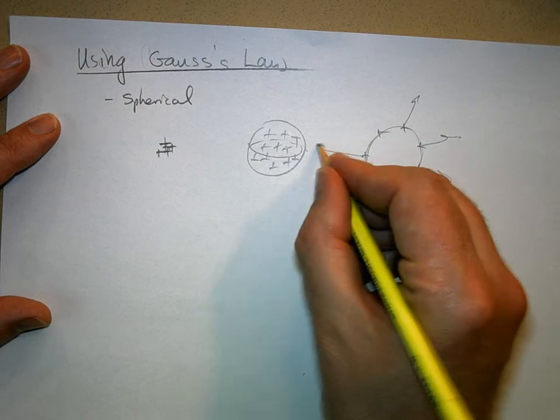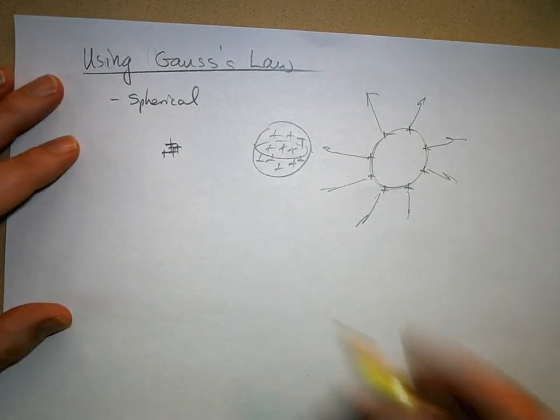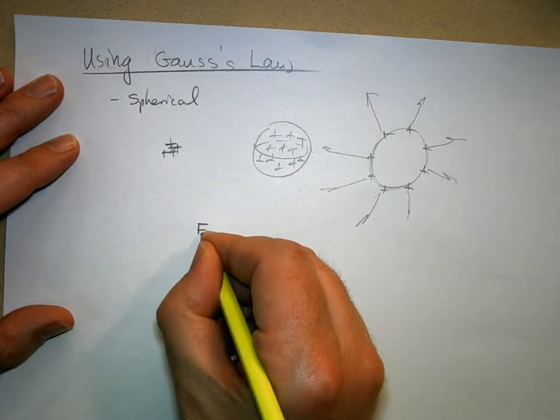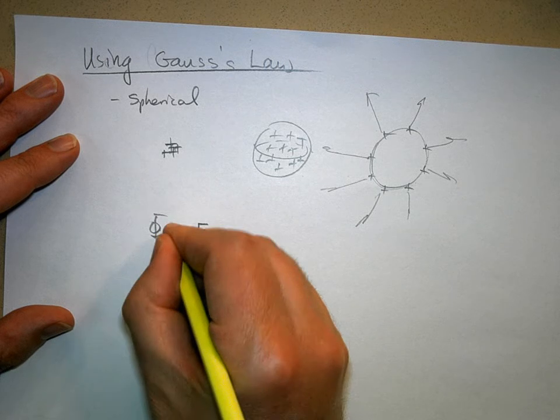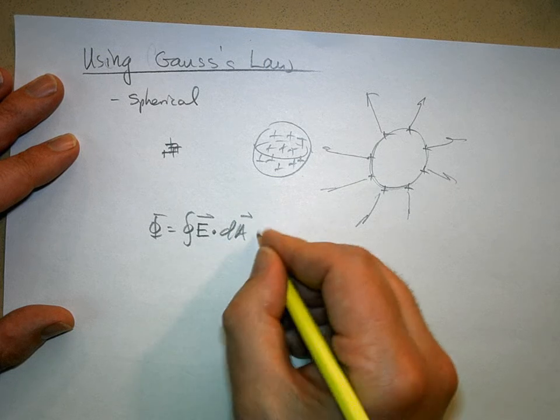Okay. Now, here you have the amount of flux equals the integral of E dot dA equals Q enclosed over epsilon naught.